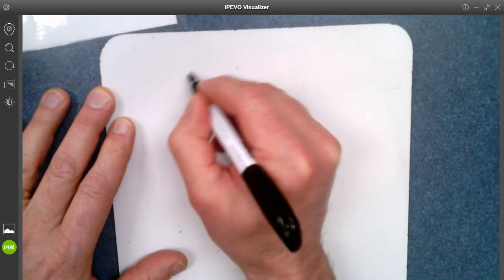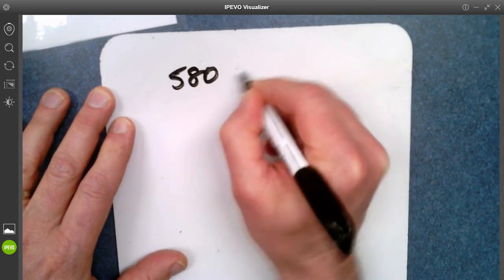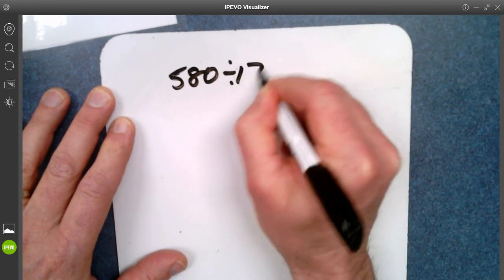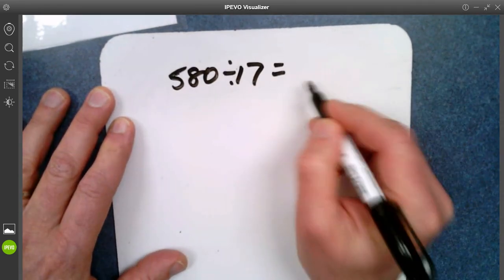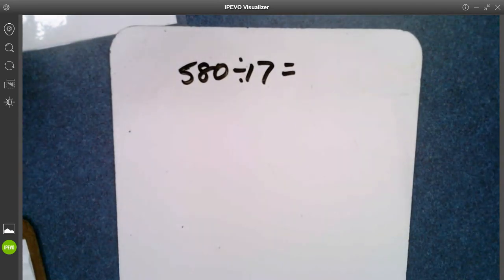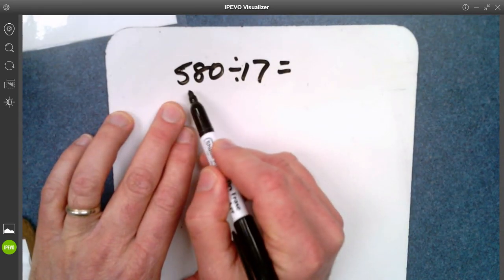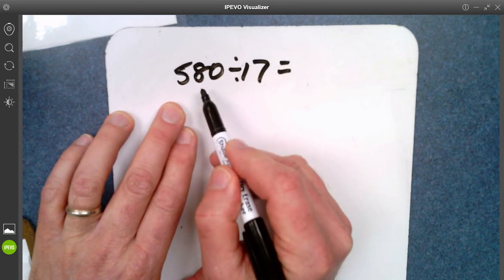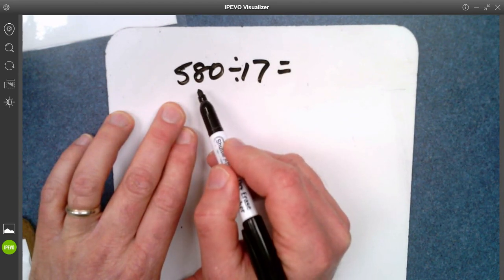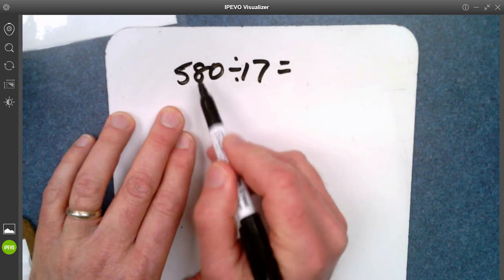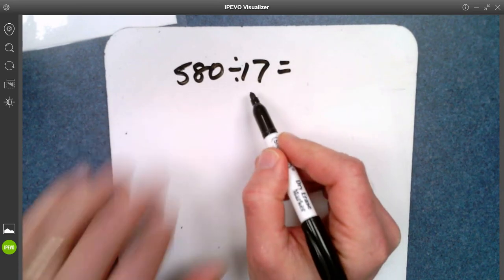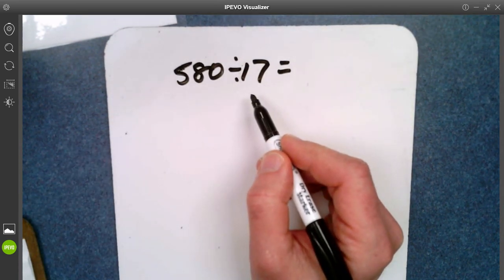So let's start with this problem. 580 divided by 17 equals some quotient. Now remember, let's review our vocabulary. The 580, the first number in a division sentence, is called the dividend. It represents the whole thing, what I'm starting with. The second number is the divisor.